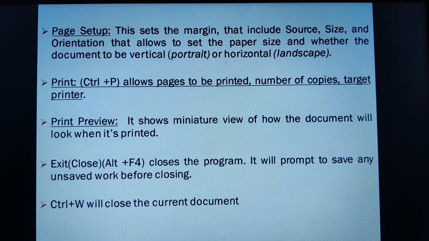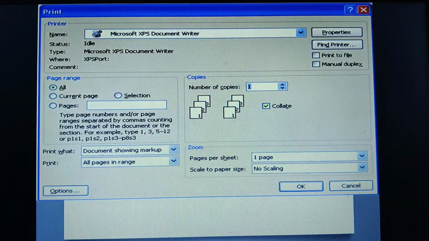Now let me explain this with the print option first here. Yes, the shortcut key is Control P. When you click Control P on the particular document, herein you can choose your target printer. So if I have more than one printer here, when I click on this triangle box, I'll have a list of printers.